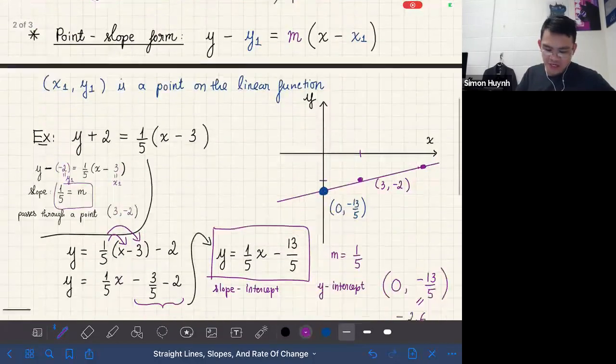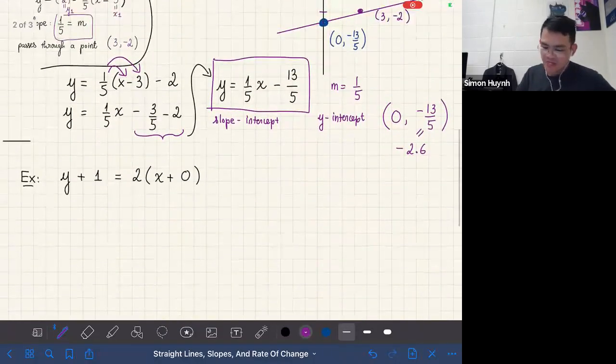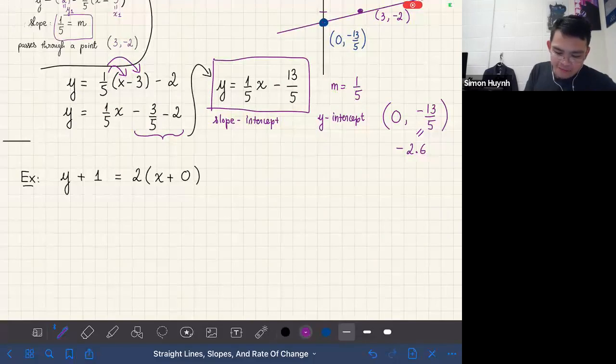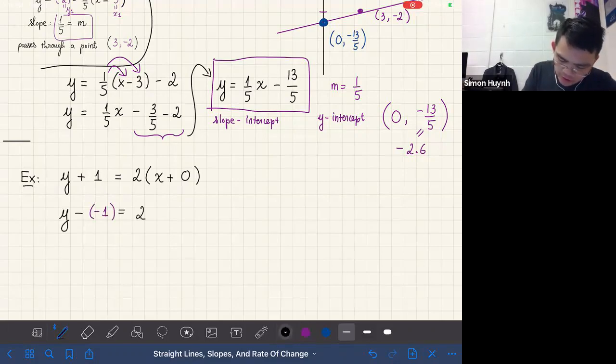Oh, sorry, that wasn't the one, my bad. I guess I have changed out the example without remembering. Here we can see that if I rewrite this equation as y minus negative 1 equals 2 times x minus negative 0, and 0 and negative 0 are just the same thing, so this is okay.